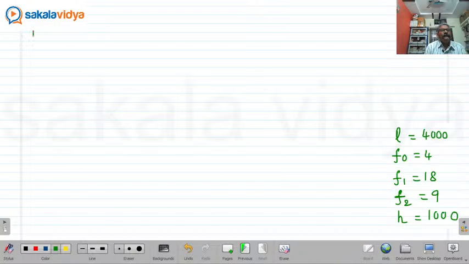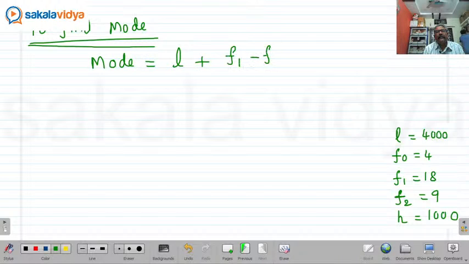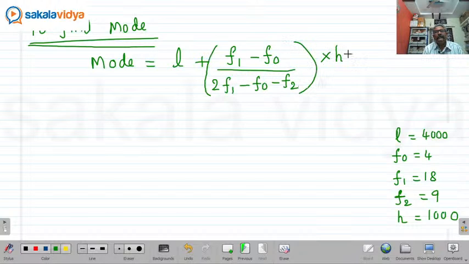Next, to find the mode. What is the formula to find the mode of grouped data? Mode equals L plus (F1 minus F0) upon (2F1 minus F0 minus F2), multiplied by h.